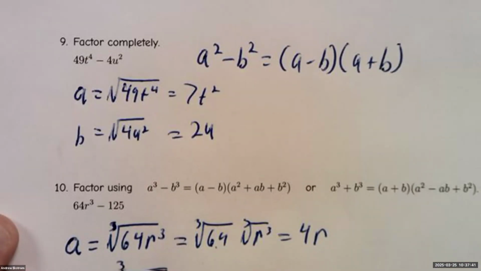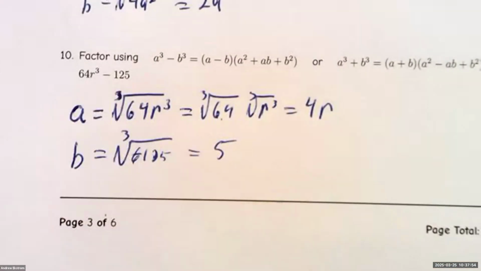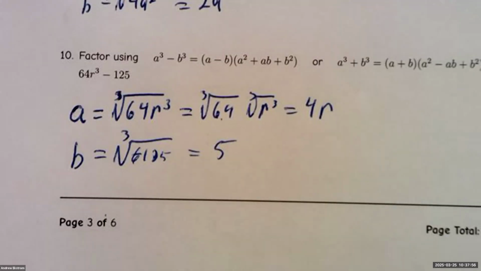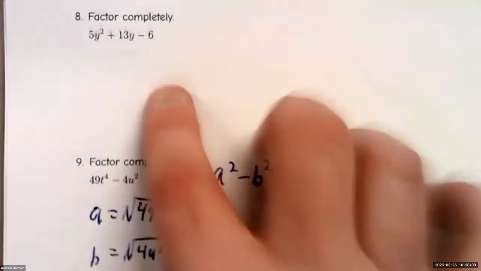B is the cubed root of 125, so it's going to be 5. And again, with that one, graph it. Or you could have graphed it. So far we've got 1, 2, 3 problems where you could have graphed it and gotten at least an idea about what the right answers are.